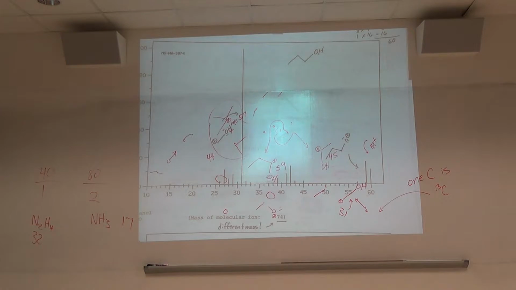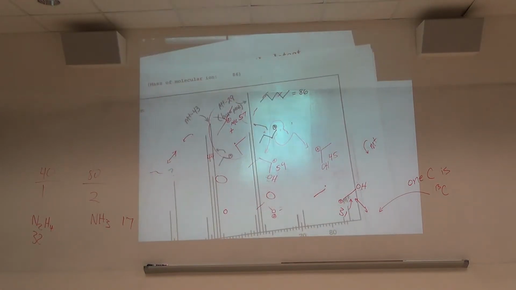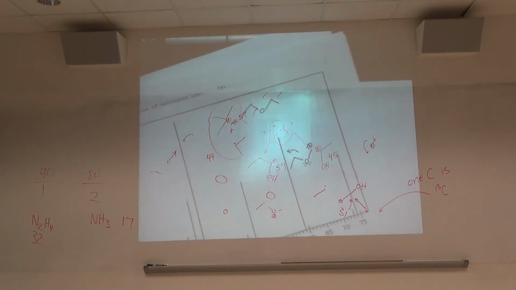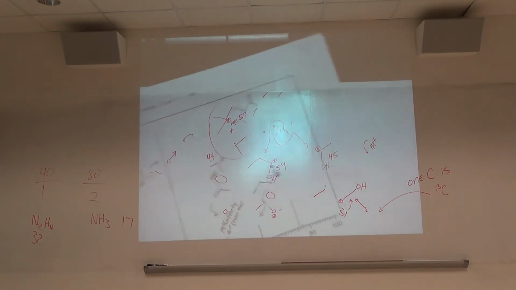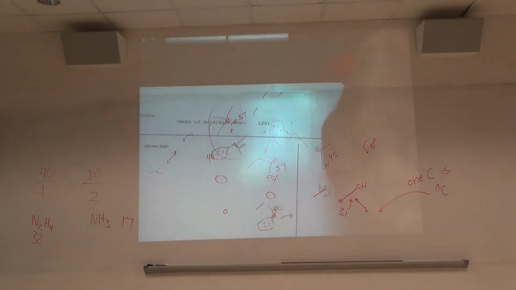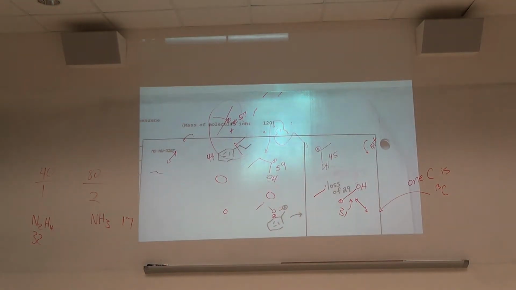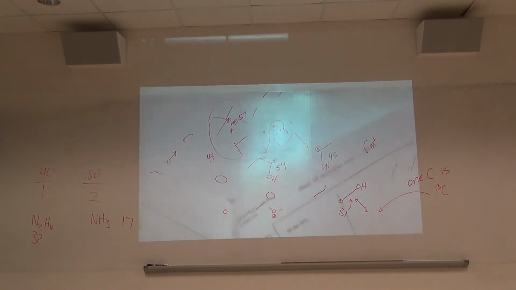Question? I think this might be a dumb question, but whenever we're having these resonance stabilized cations, I'm not seeing what actually puts it into p orbitals. This looks like they started all sp3, because we didn't actually have a double bond in there, and the oxygen was sp3 and the carbon was sp3.